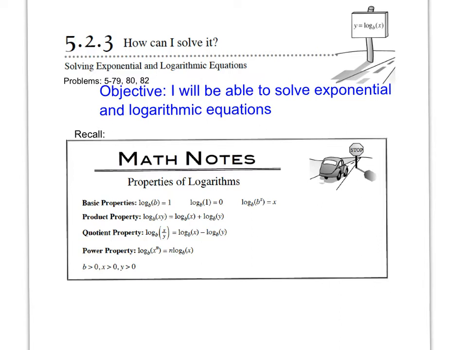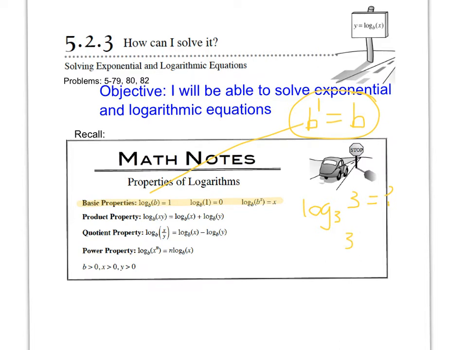Let's take a quick review on some of the stuff that you've covered in the last lesson or two. Basic properties of logs. Remember, log base b of b equaling 1, by definition, is b to the 1 power has to equal b. That's a true statement. In other words, if I have log base 3 of 3, what does that have to equal?